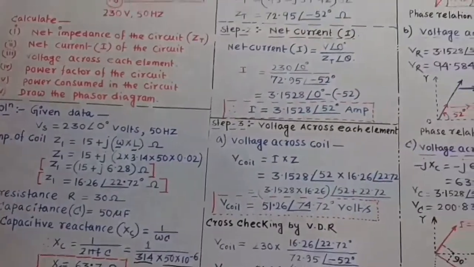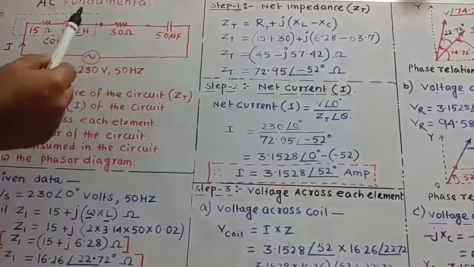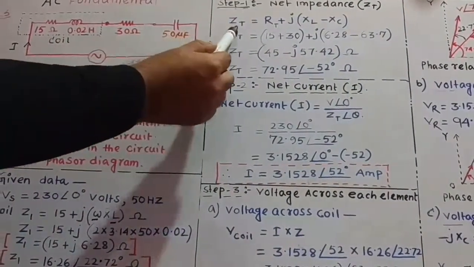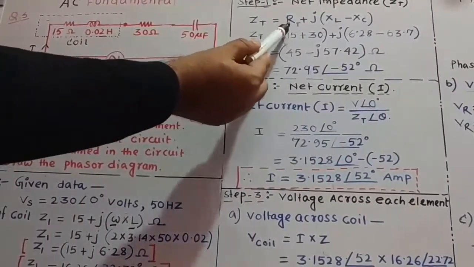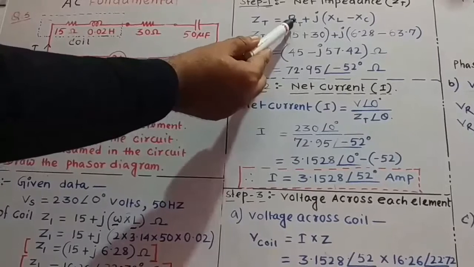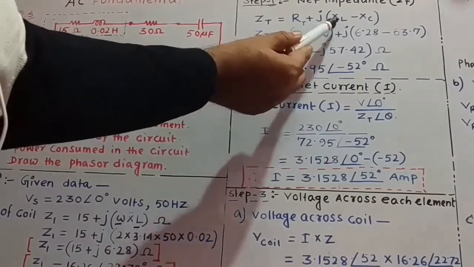Now step number 1, net impedance ZT. So ZT means the entire circuit impedance. That means RT, that is total resistance in the circuit connected in series, plus j (XL minus Xc).